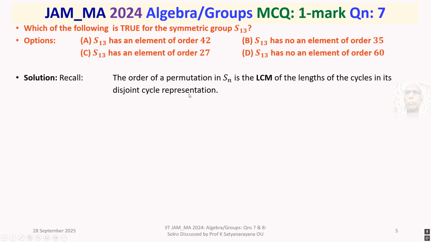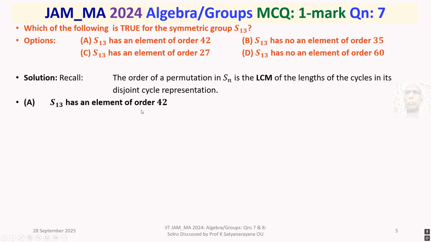So that means you have to take the permutation and write it in its disjoint cycle representation. Then the order of the permutation is given by the LCM of the lengths of the cycles in its disjoint cycle representation. Let's go for option A.